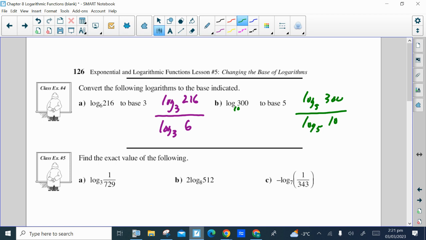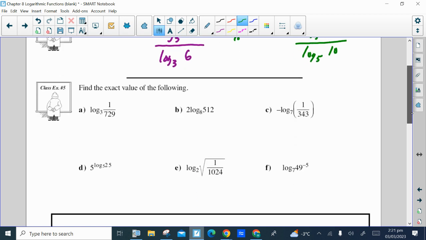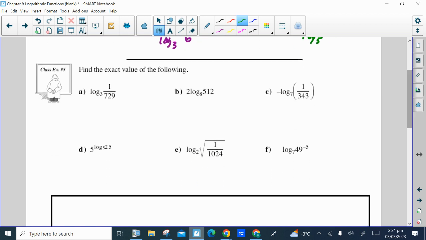So this next one wants us to find the exact value of the following. So we could use our calculator to check it, but we should also know how to do these without using the calculator. Like we did before, you'll let them equal x, and then you'll convert from logarithmic to exponential. So log base 3 of 1 over 729 means 3 to what power is 1 over 729. So we can do this by making the bases the same like we've done before.